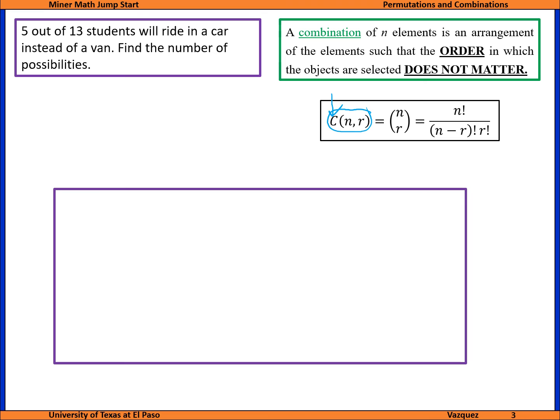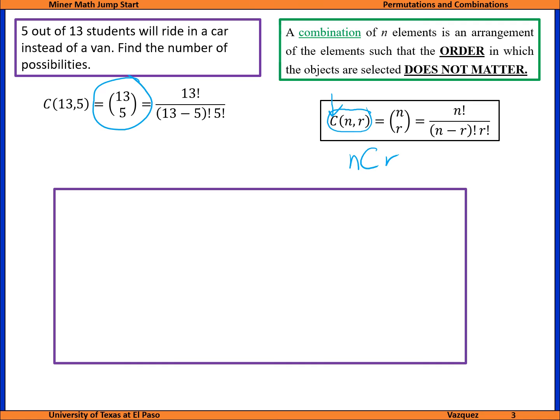Another way I've seen people write it or even say it is N choose R, and they write it like that. So out of 13, in this case, we choose 5. And this right here, I'm going to circle it, is just another way of writing it as well. Same thing, it means the same thing. It's a combination. 13 choose 5. But again, we just plug it into the formula. That's all there is to it.